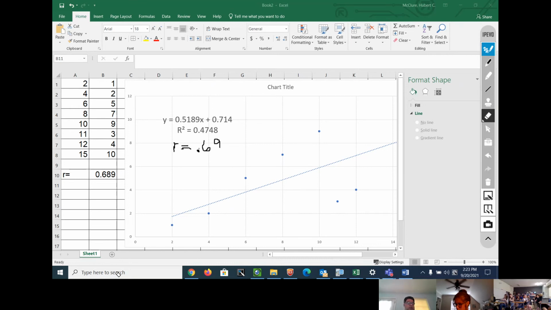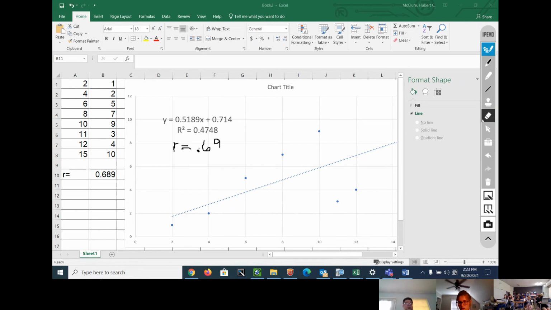Does anybody have a question on how to get that? I'll do another one in just a minute. So y is equal to 0.5189x plus 0.714, and the correlation coefficient is equal to 0.69.